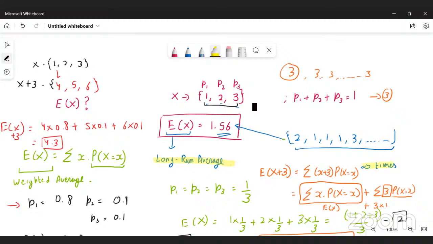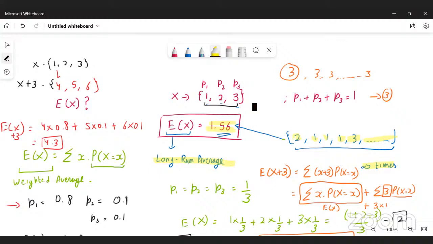Suppose the first time I got the value 2, then I got 1 three times, then 3, and if I keep on doing it I will get multiple other values among these 3. If I average all these values, the value which I get is the expected value.